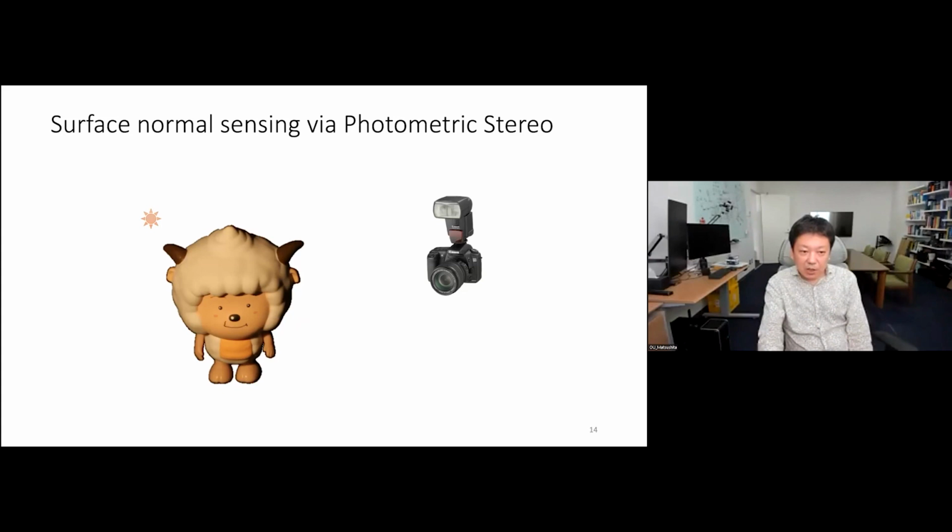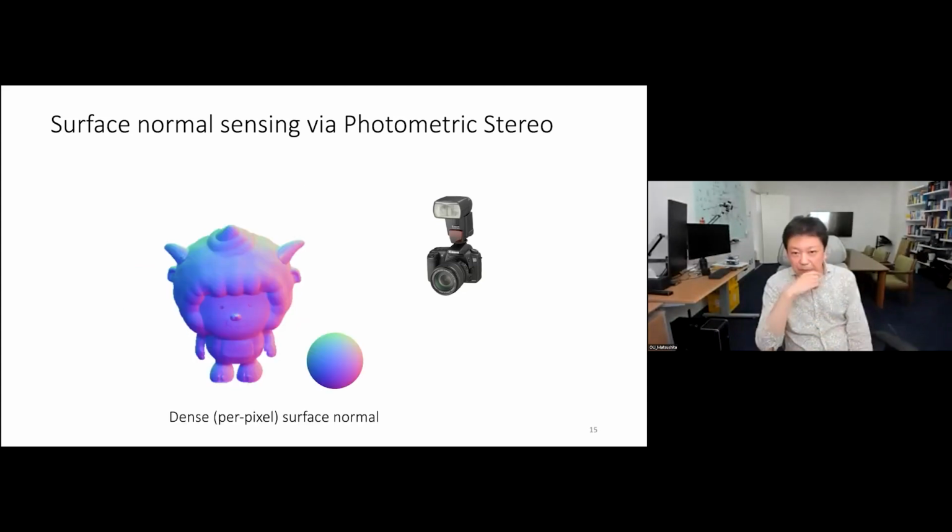We continue doing this and taking photographs until we are satisfied. And by analyzing the shading variation on the surface, we can compute the dense surface normal vectors as shown here.